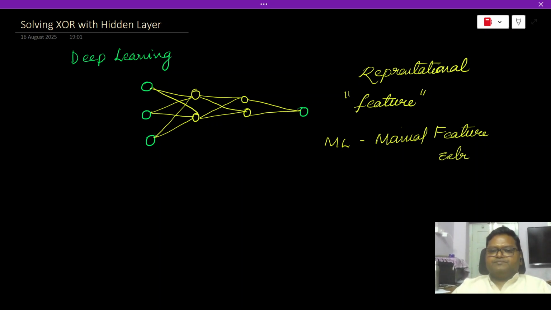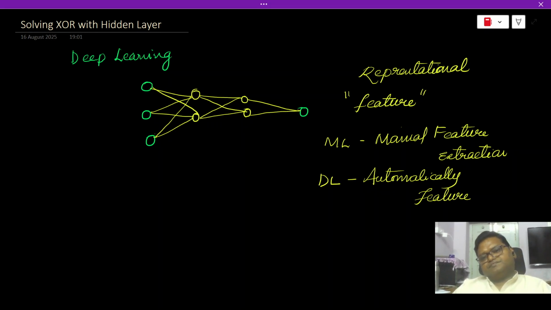Deep learning, automated. You need not tell what the feature is. The deep learning network automatically extracts the features. It is quite amazing about deep learning. It can handle more and more data.